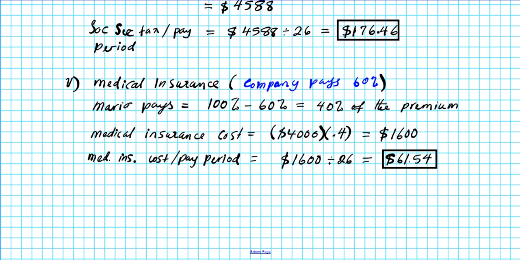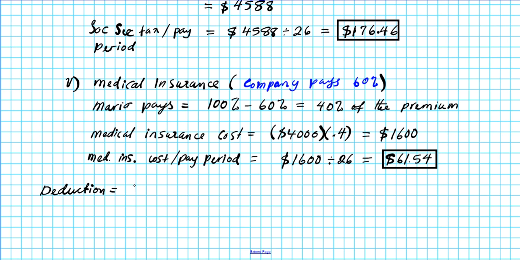Okay, now let's go ahead and calculate the deduction. What is her total deduction going to be? So her deductions can be computed by finding the sum of the following.